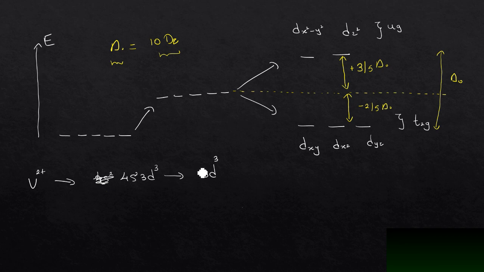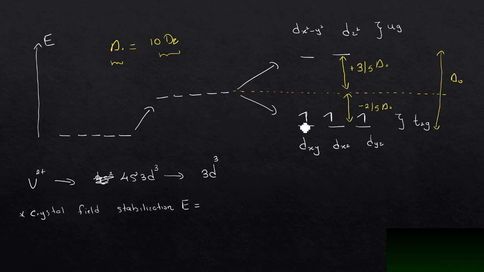So now I'm going to put these 3 electrons into our diagram. We need to start from the lowest energy level. Now, this term crystal field stabilization energy, we can find by the number of electrons.